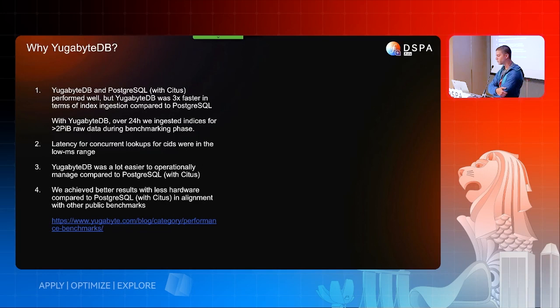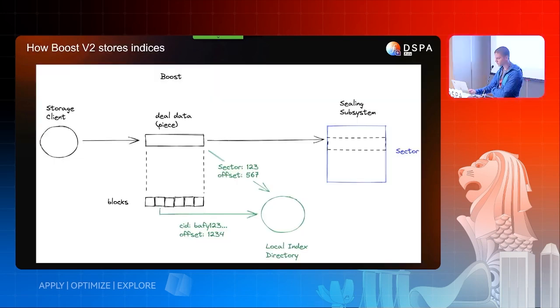Ultimately, it's easier from an operational perspective to maintain YugabyteDB as well as scale it up and down, add more machines if you scale your operation, etc. Basically, the results that we got during the benchmark phase are in line with other public benchmarks, and you can find a lot of them on the Yugabyte website and other public resources.